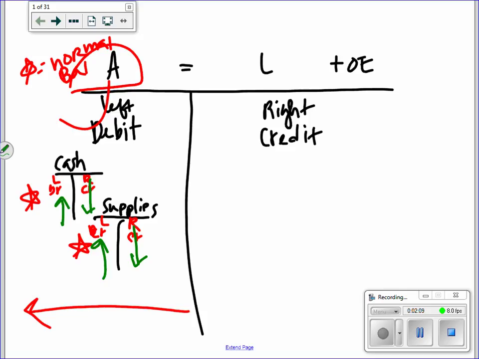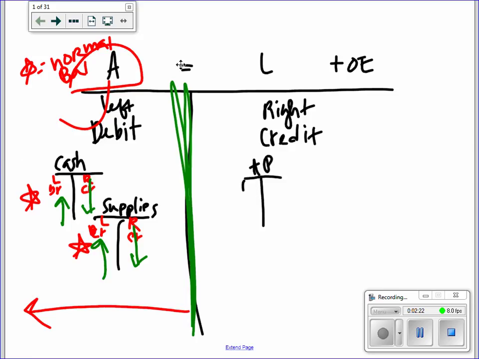So then when we cross this big divide, the opposite is true for liabilities and equities. Okay? So, accounts payable. We still have a left side, we still have a right side. That means debit, we have a credit. Okay, that's easy. But now we've moved to the right side.